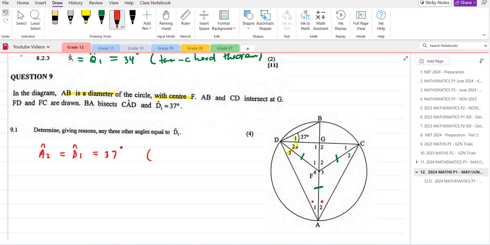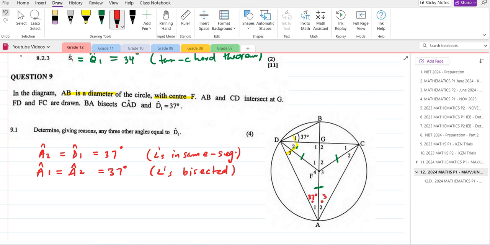Reason: angles in the same segment. Angle A1 is equal to angle A2. This is my second angle I'm finding, which is 37 degrees, because the angle is bisected. It was given. So we know this is 37.